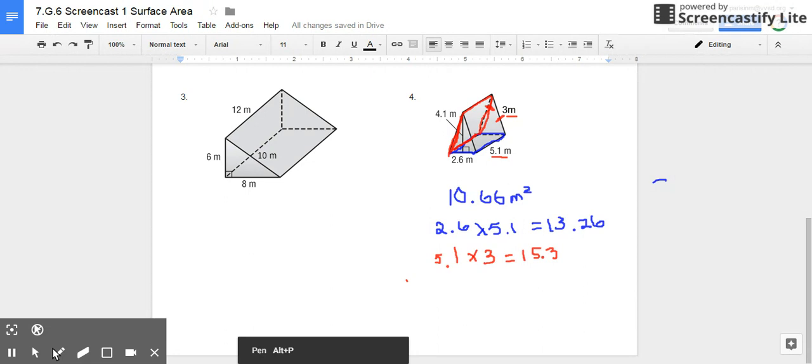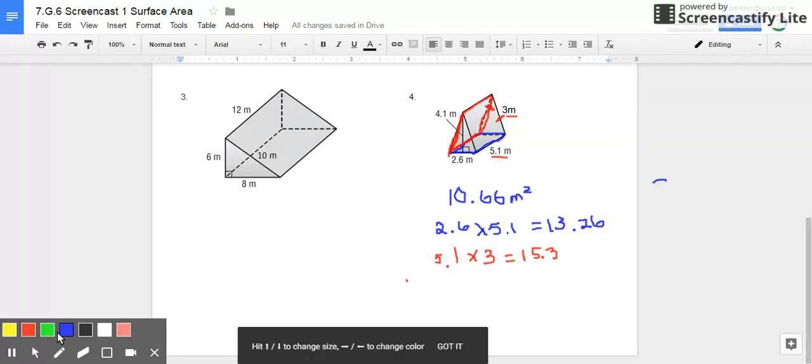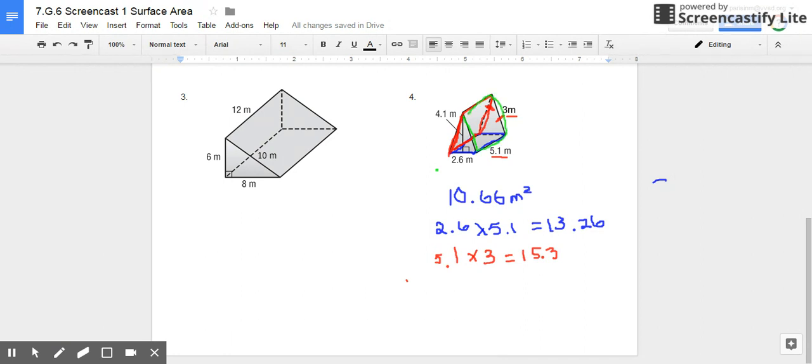We have one more side left because we do have 3 rectangles in a triangular prism. So my last rectangle is going to be this one. It is on a slant, but it's facing us. And this one is also 3 times 5.1.